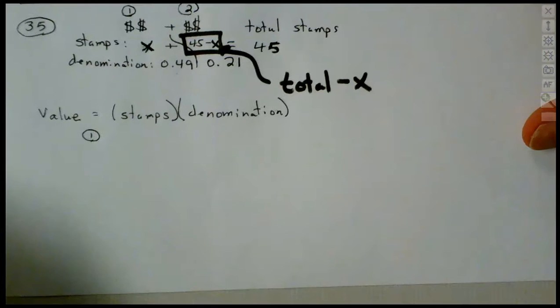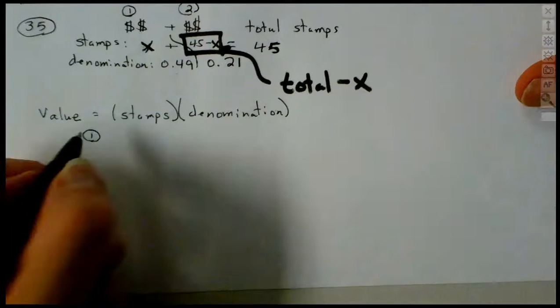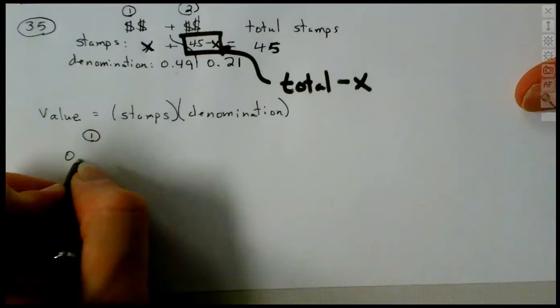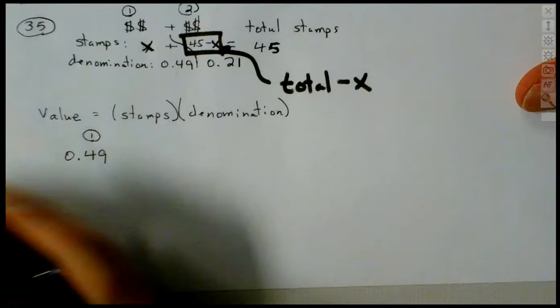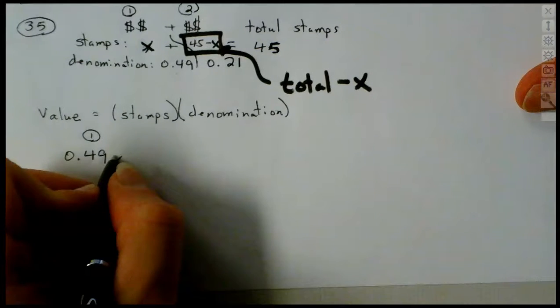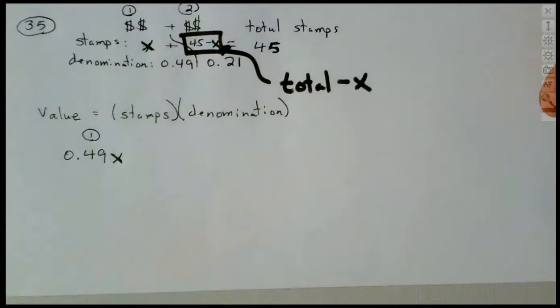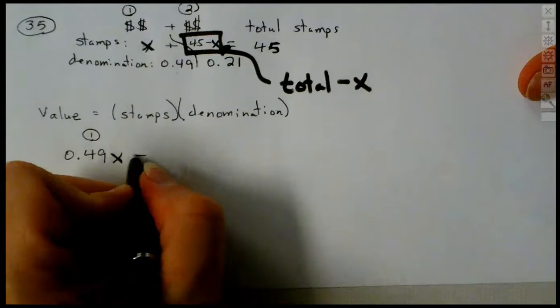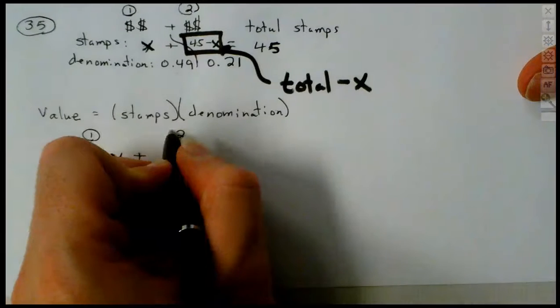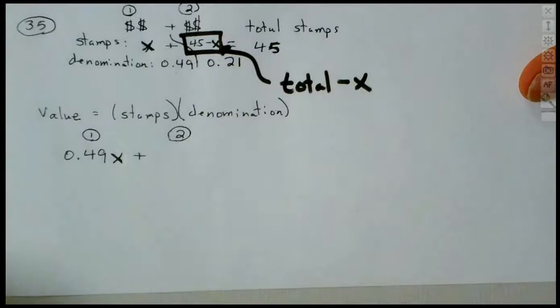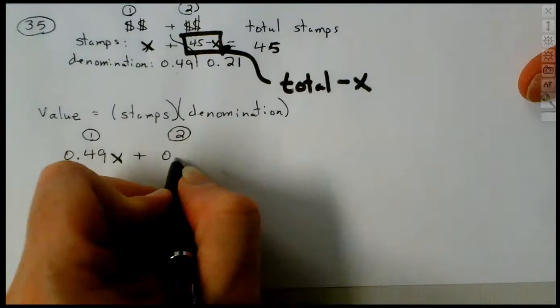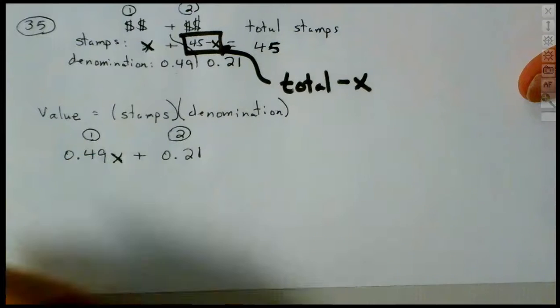So what do we have on the first one? Well, the first one, we've got stamps that are worth 49 cents. So that's 0.49. And we don't know how many of those we have, so we have x. And then we're going to also get some 21-cent stamps. And those stamps are worth 21 cents, so that's 0.21.